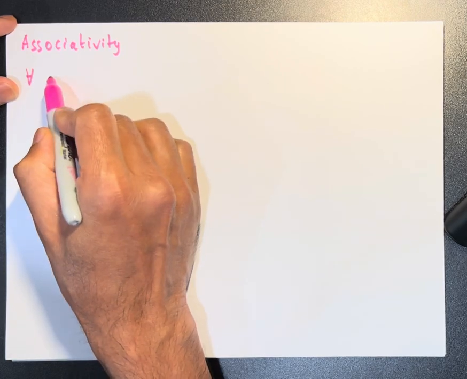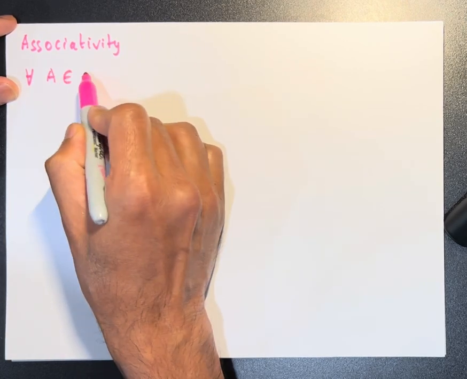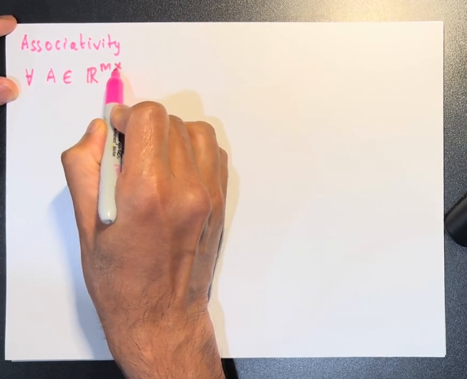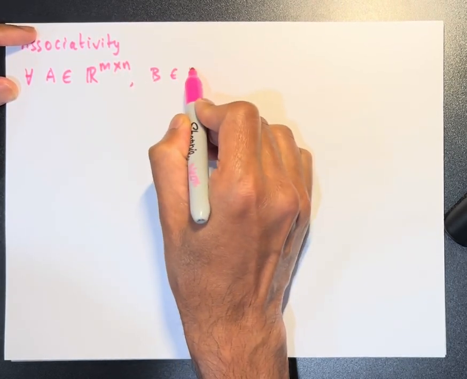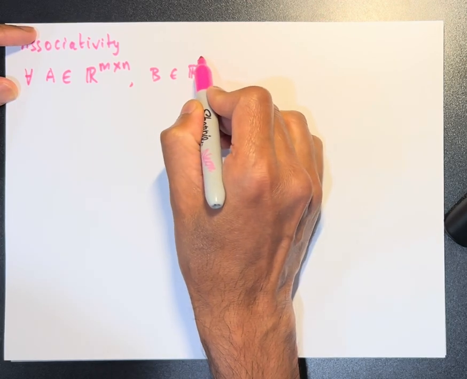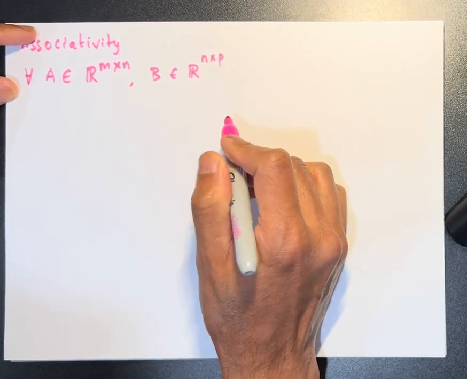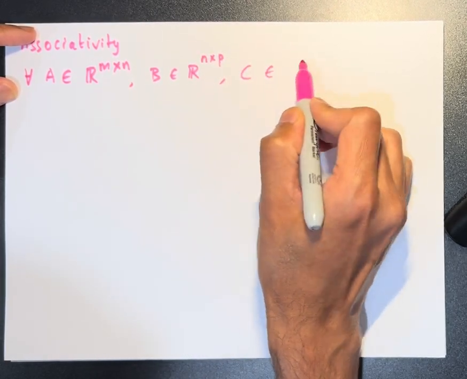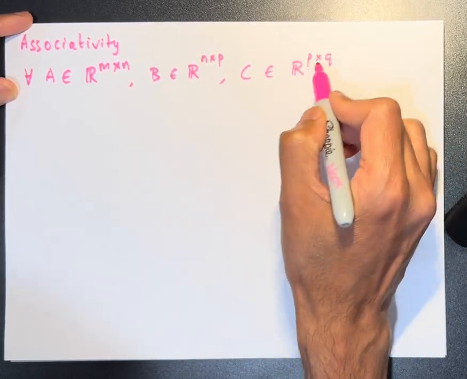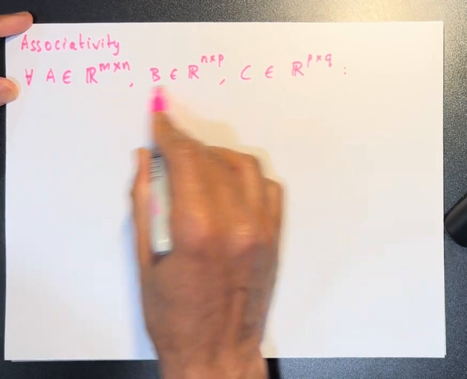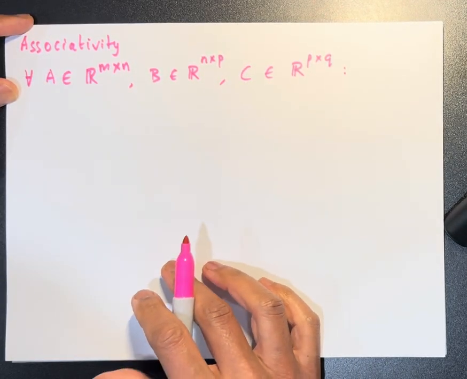For every A belonging to R m by n, B belonging to R n by p, C belonging to R p by q, this is associativity of matrix multiplication.